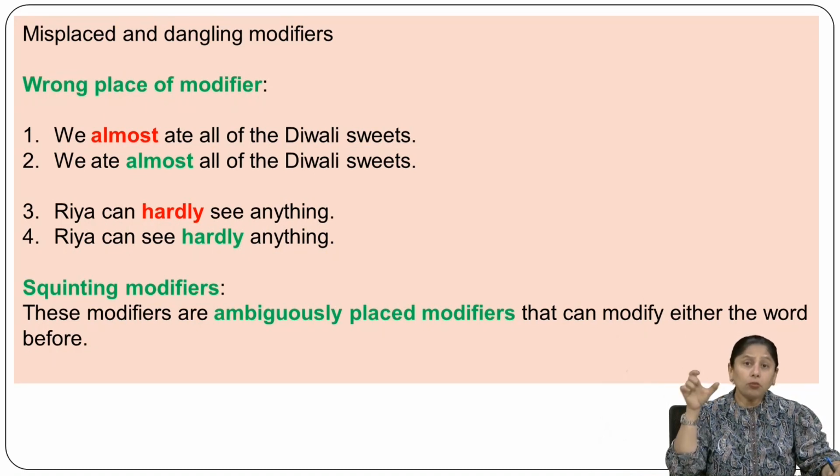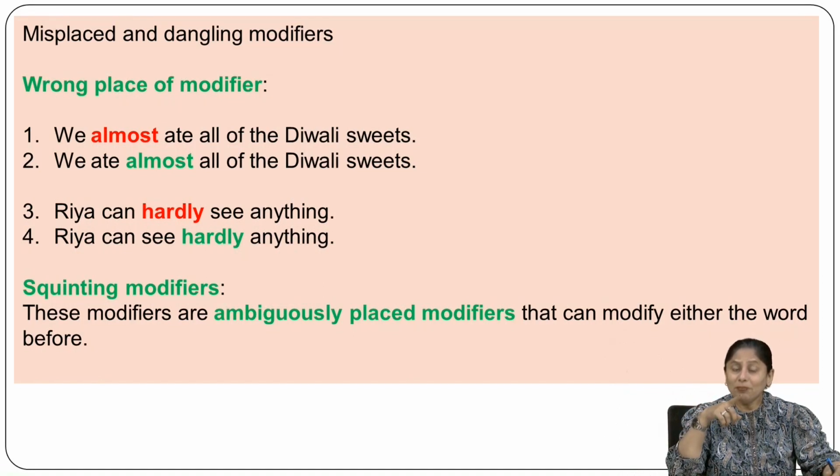So here the position becomes very important. In life also the position is very important, and in the same way here in the matter of words, where the word is kept, where to put the word, that becomes very important.